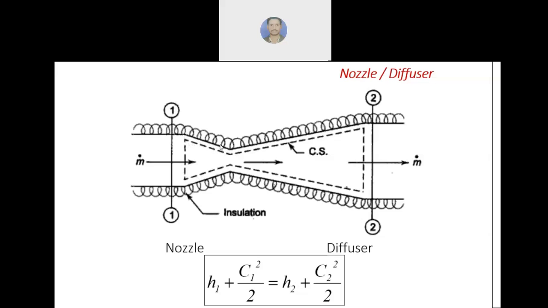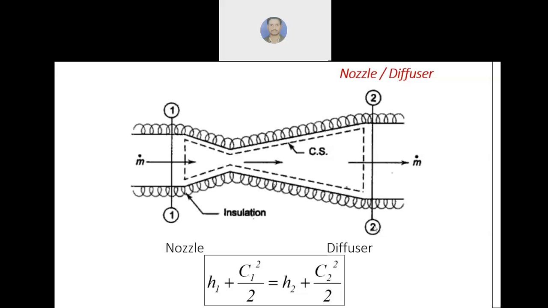This is the case of a nozzle. Second case, when area is increasing, velocity will decrease because the product of area and velocity is constant. So this is the case of a diffuser. And mass flow rate is constant, means mass flow rate at the entrance equals mass flow rate at the exit. So this portion is the nozzle, this portion represents the diffuser.